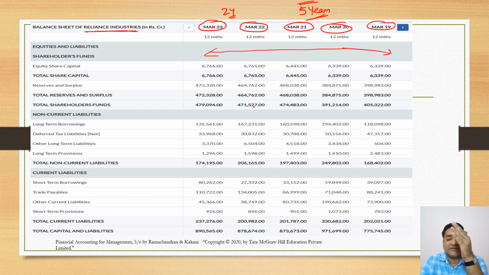Previous year's Reliance numbers plus current year's Reliance numbers. Then only you will be in a position to know where the company is heading, or what the financial strength of this company is as compared to the previous year or as compared to its competitors. Right? So that is the reason why we prepare the balance sheet for a period of more than 1 year. This gives you the comparisons.